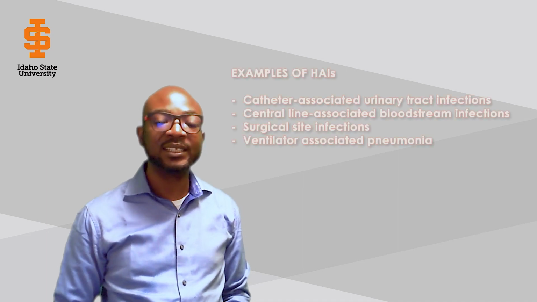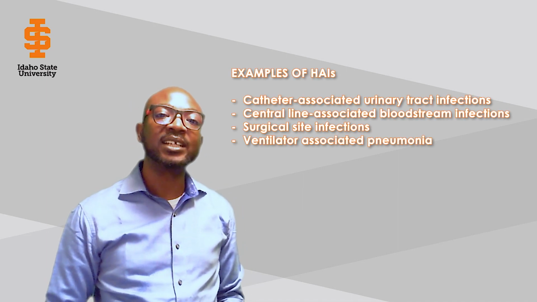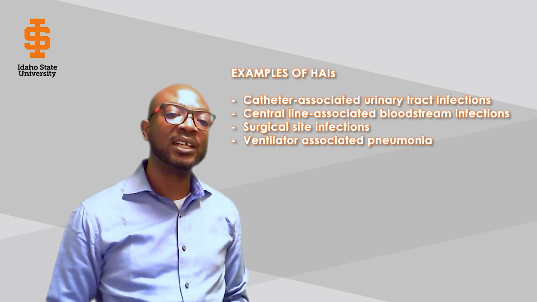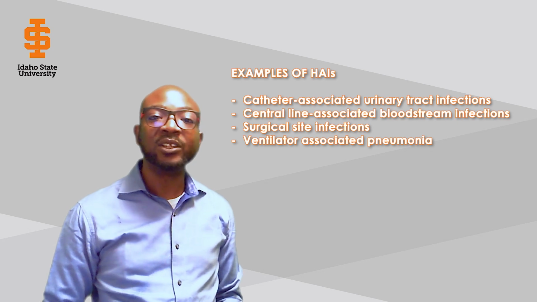Infections can be associated with the devices used in medical procedures, such as catheters and ventilators. These HAIs include central line-associated bloodstream infections, catheter-associated urinary tract infections, and ventilator-associated pneumonia. Surgical site infections can also occur.